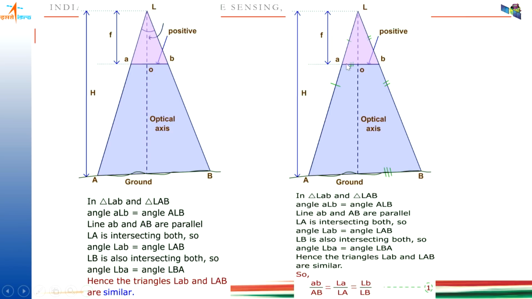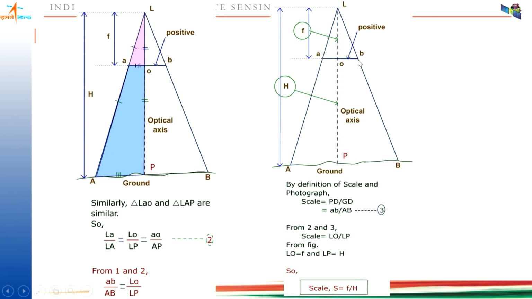So there is a property of similar triangles that the ratio of corresponding sides is equal. So what is corresponding side? Corresponding side means small ab, corresponding side is capital AB. So small ab upon capital AB will be equivalent to La upon L capital A. Similarly, it will be equivalent to Lo upon L capital O. Here Lo distance is equal to small f, whereas capital LO distance, capital L, capital P distance, is capital H, that is flying height.